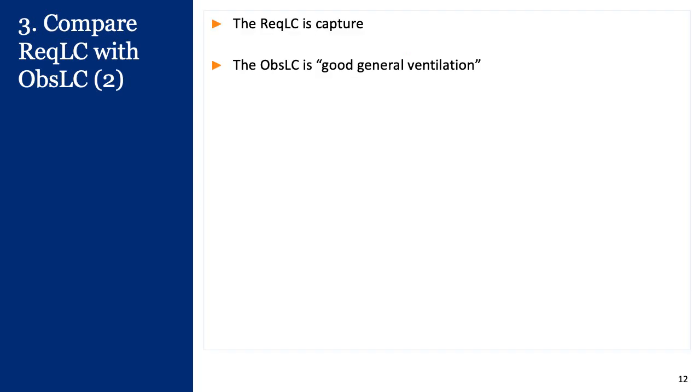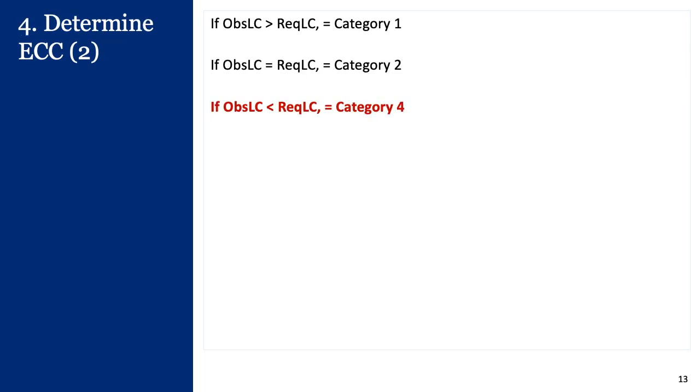But as we observed during our walkthrough and in that description I provided at the beginning of the lecture, the observed level of control is just good general ventilation. There is no capture here. And so right off the bat, we can say that because the observed level of control is less than the required level of control, we are in a category 4 exposure even for the bystander.